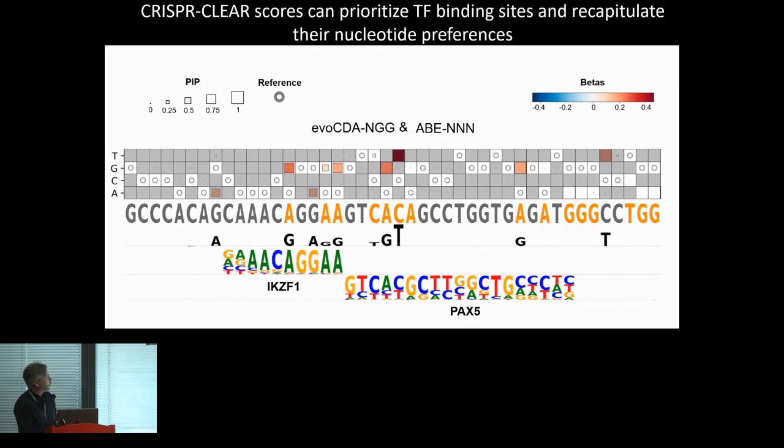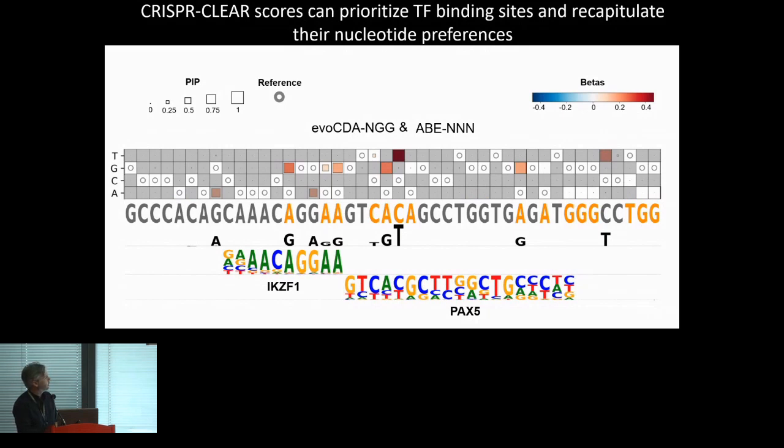Below you can put the motif logo, and now you can play this game of comparing the canonical motif logo with the disruptive sites. This is for Ikaros, and you can see clearly that the modifications we make are not compatible, as expected.